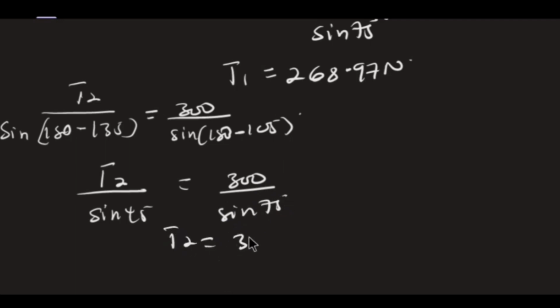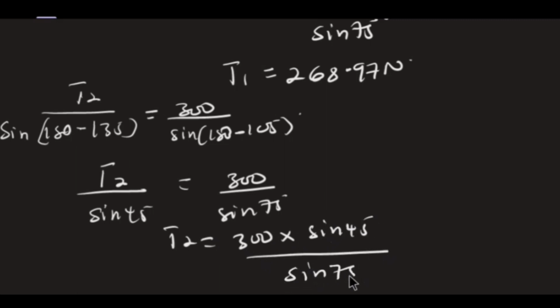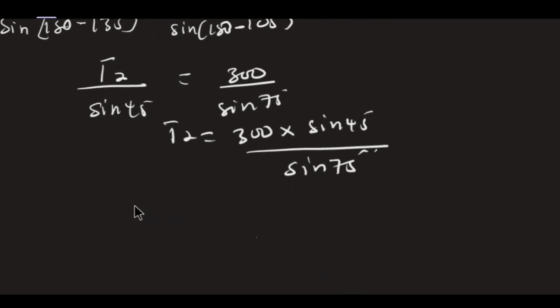T2 is simply equal to 300 times sine 45 all over sine 75. So T2 is equal to 219.62 newtons.